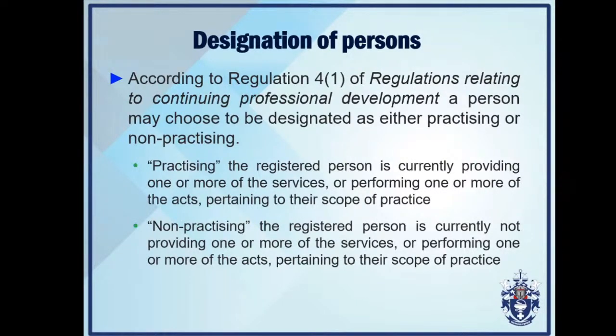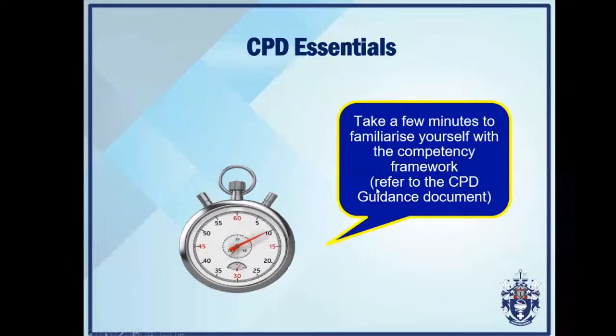But if you want to designate yourself as a non-practicing pharmacist, be sure that you do not provide any of the services or the acts pertaining to the scope of practice of a pharmacist. Because if you do, you need to designate yourself as practicing and conform to the requirements.